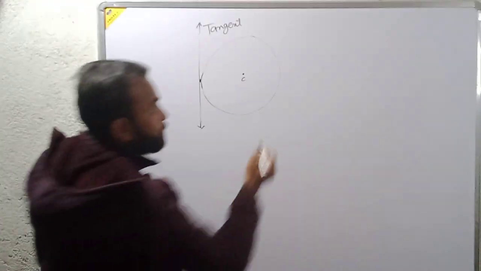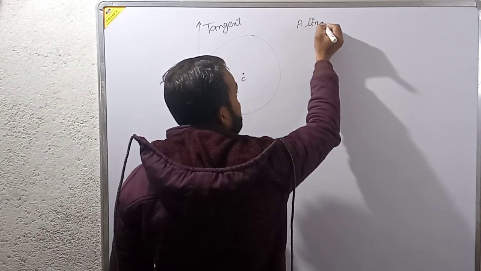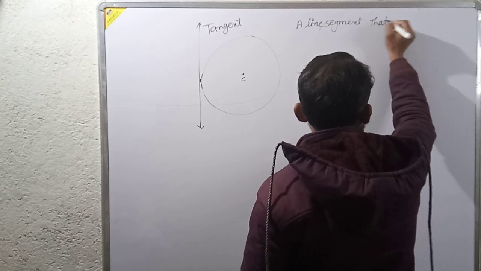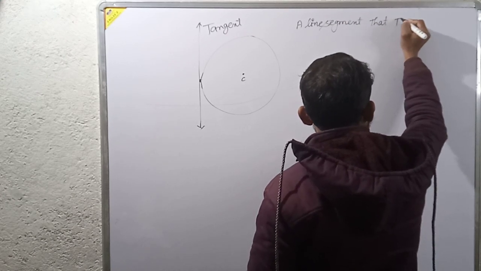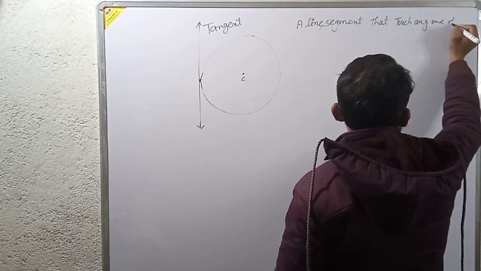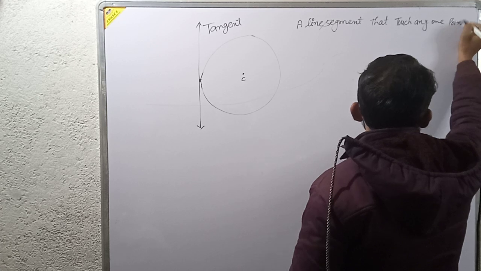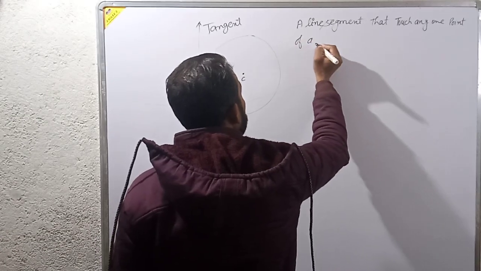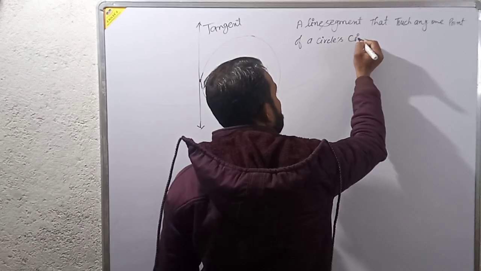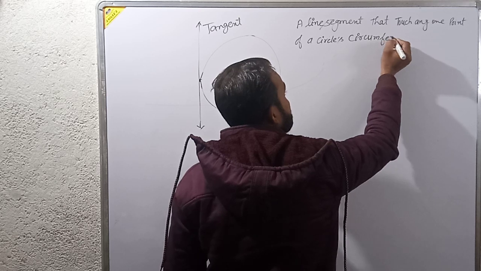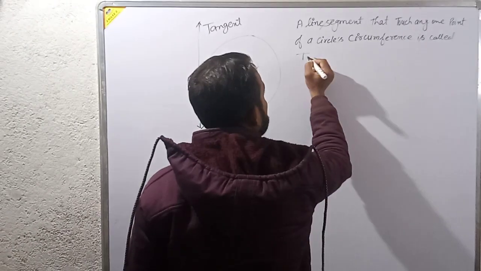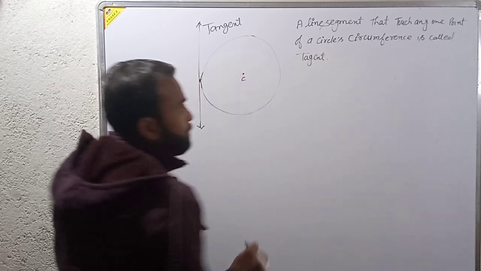That means a line that touches any one point of a circle's circumference is called a tangent. Clear?